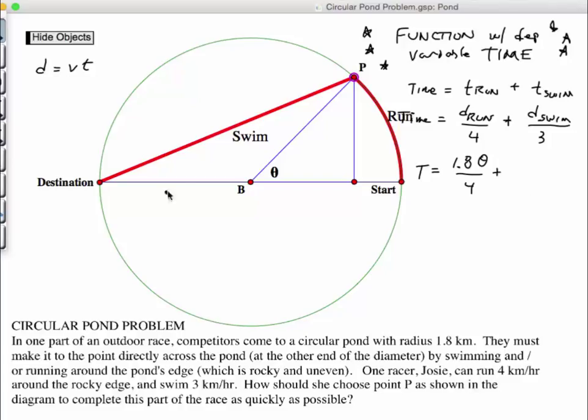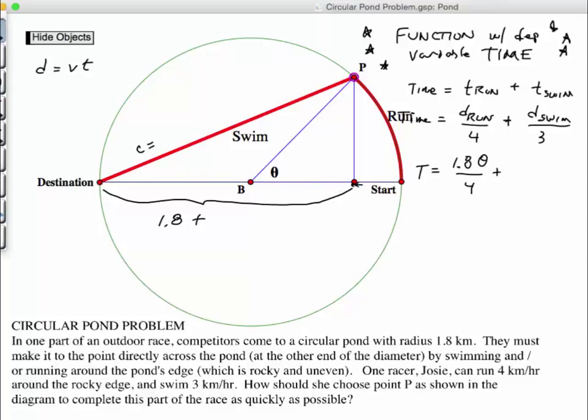So this distance of the swim, I'm going to call this C. This is going to be Pythagorean theorem. Okay, do you see this right triangle right here? So what is this base of this triangle right here? Well, it's the radius plus 1.8 over here, always 1.8, plus what is that right there?